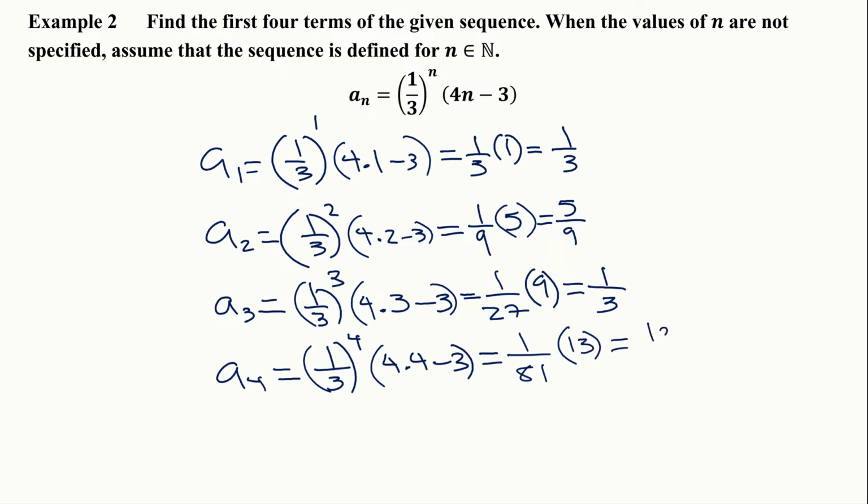So we end up with 13 over 81. So if we wanted to write it, we would just say 1/3, 5/9, 1/3, 13 over 81, etc. Okay, that's how you would handle that one.